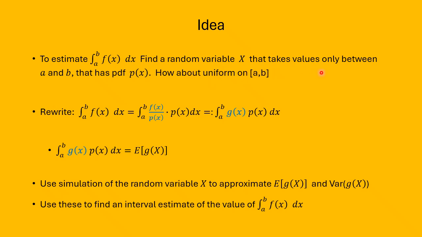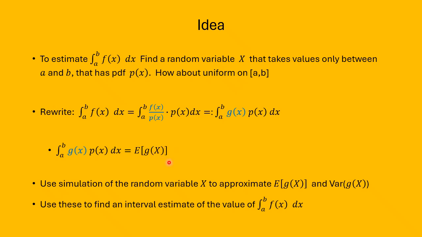We could use, for instance, a uniform distribution on ab. That's probably the easiest. And as we saw before, we can rewrite this integral by multiplying and dividing by the density p of x, calling this fraction g of x. And so we would then have that this integral is the expected value of g of x.